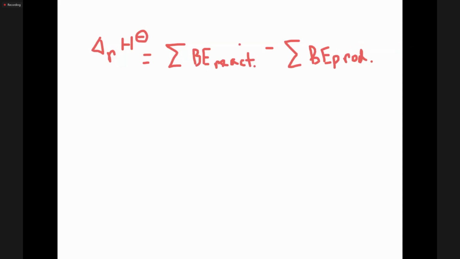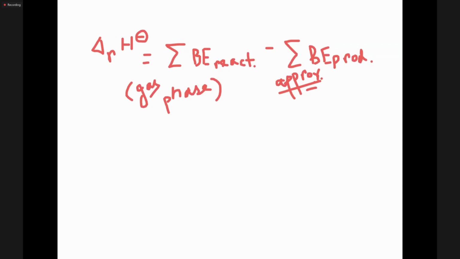So this equation is an approximate equation, not an exact equation. You have to remember that all the reactants and products have to be present in the gaseous phase, and only then can this equation be valid.